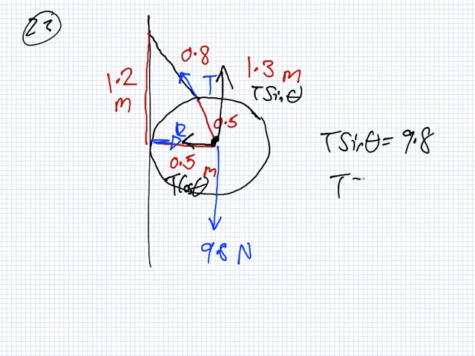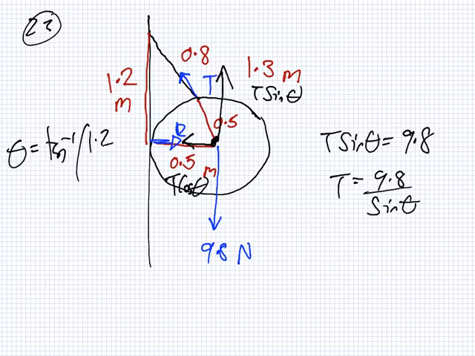So that means T equals 9.8 divided by sine theta, and here theta is tan inverse 1.2 over 0.5. 10.6. Yes, that's my answer.